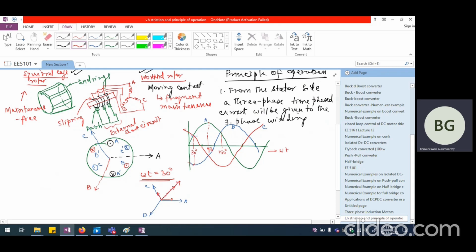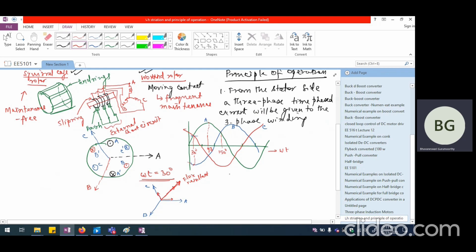So this is the resultant flux at omega t equal to 30, because we are adding the B phase flux to the A phase and C phase flux. A phase and C phase flux are only 50% of the peak, whereas B phase flux is 100% of the peak, but in the opposite sense. So this is the resultant flux.